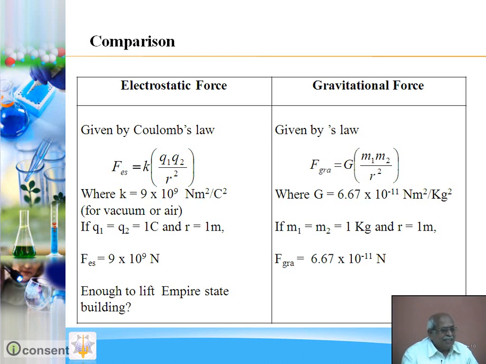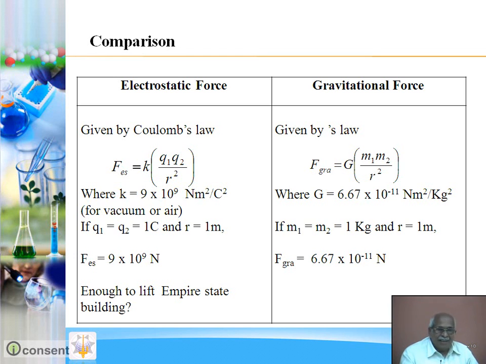So I have written here FGRA, F gravitational. F gravitational is proportionality constant G multiplied by m1 m2 upon r square. G is called universal constant of gravitation. Its value is G equal to 6.67 into 10 raised to minus 11 SI unit Newton meter square per kilogram square.